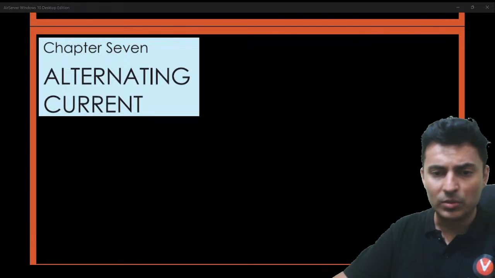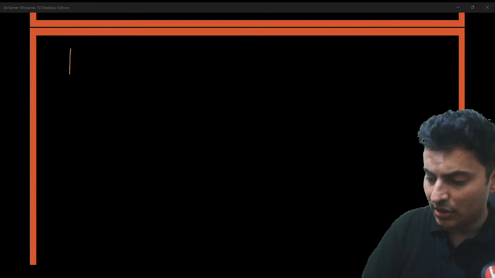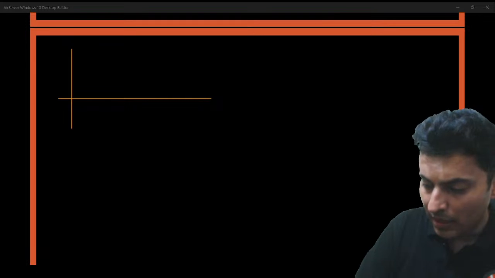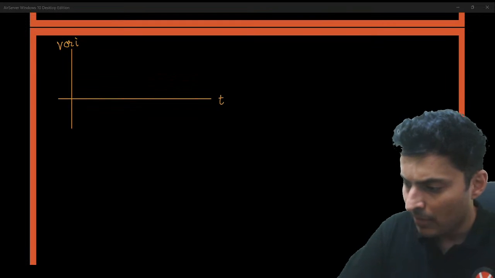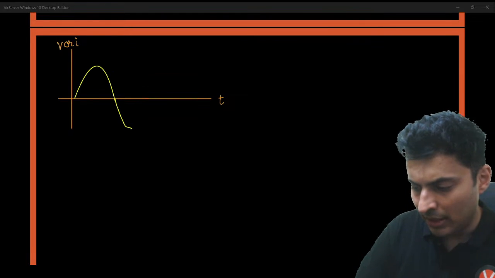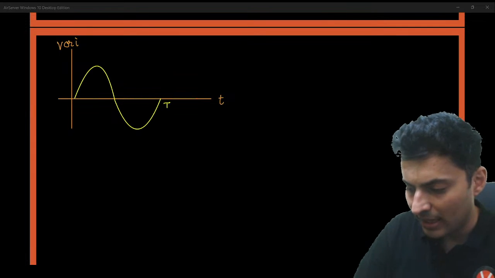Okay, so let's do this. In alternating current, first important graph. If you have voltage or current versus time, and let's say the graph goes up and down like this, down and up like this, it completes one time period.